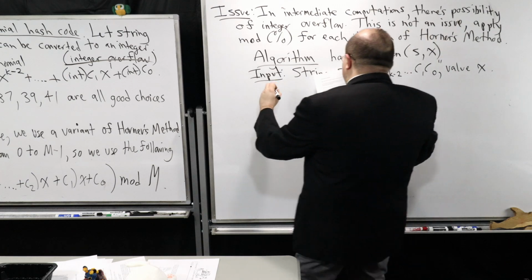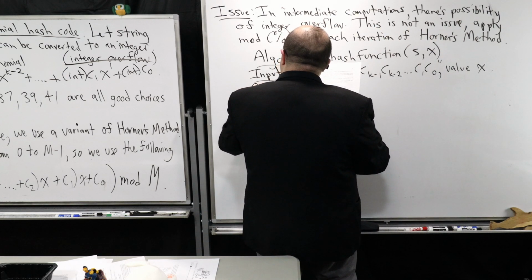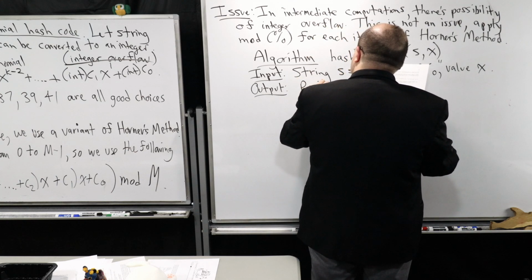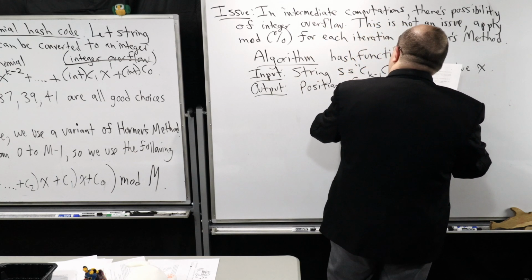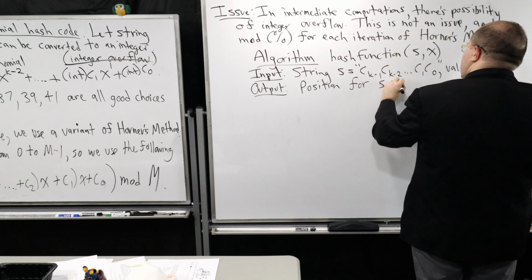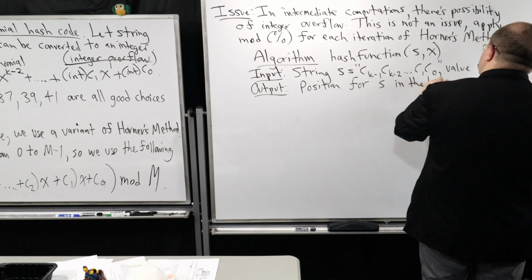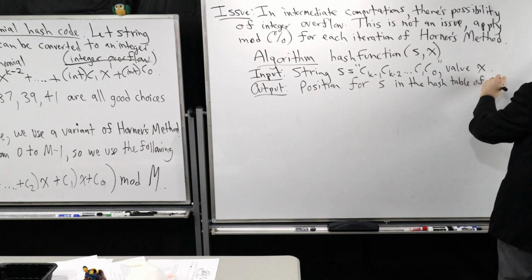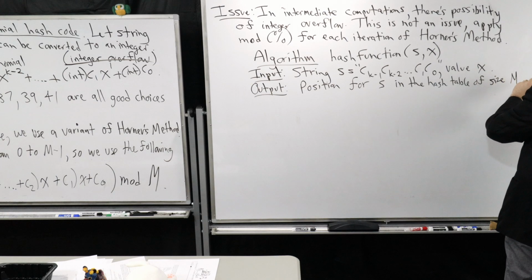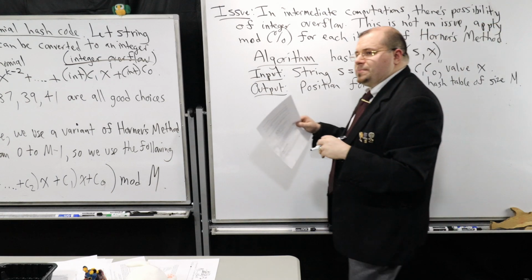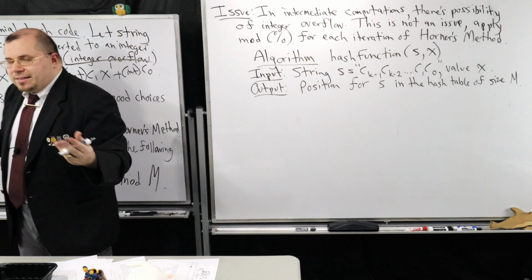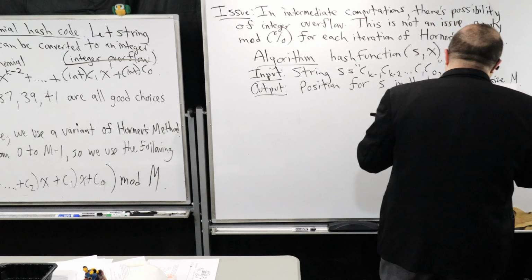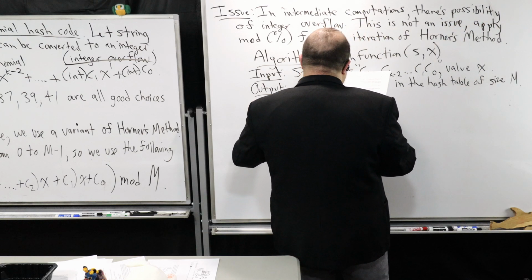And as output, it's going to give us a position for s in the hash table of size capital M. So keep in mind that this would be some number you decide prior to building the table.